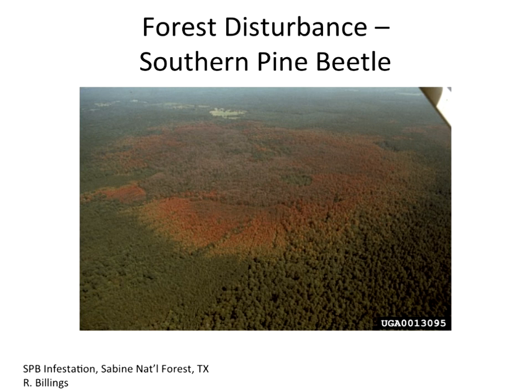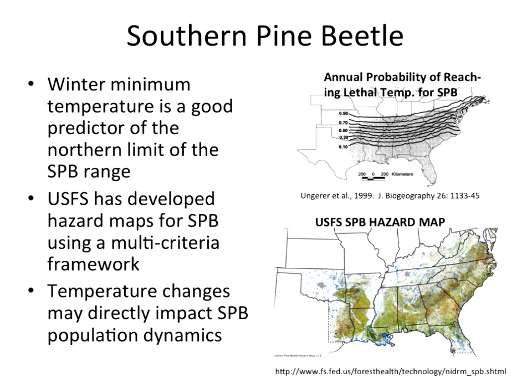So for instance, when we look at southern pine beetle populations, we found that winter minimum temperature is a good predictor of how far north southern pine beetle can go. And so modeling southern pine beetle populations, that sort of northern lethal temperature range is an important parameter.